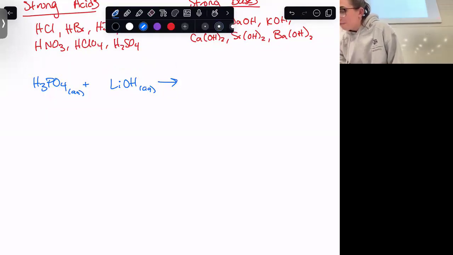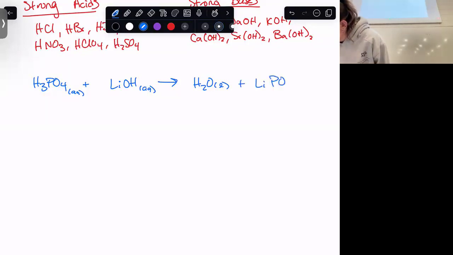Alrighty, so looking at that blue equation, what is going to be one of our products? One of them is going to be water. What's going to be our other product? What is the charge on PO4?